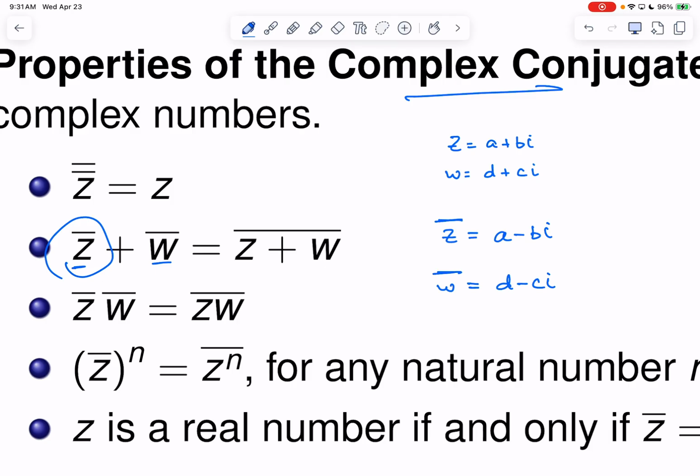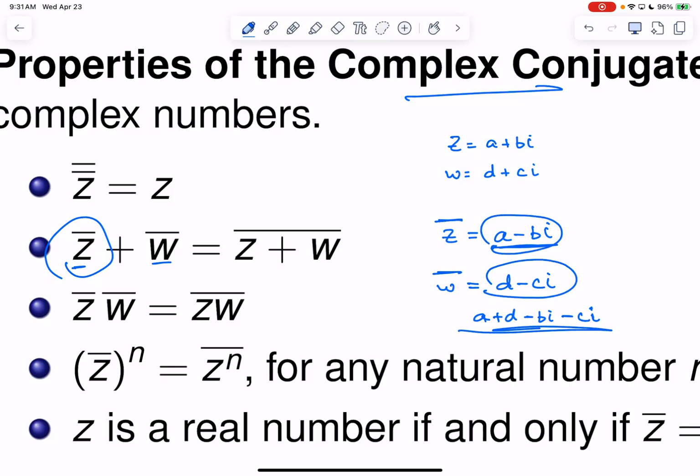If I add these together, you're going to get a plus d plus minus bi minus ci.